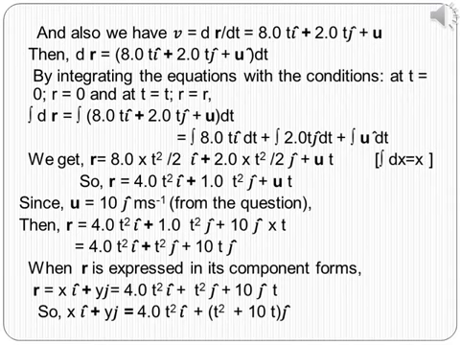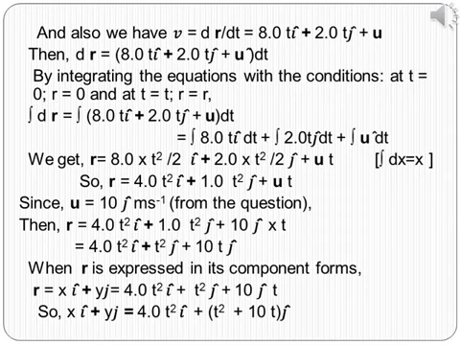Here we are going to integrate them separately. Then r is equal to 8 into t square by 2 i cap plus 2 into t square by 2 j cap plus u into t. So it will be equal to 4t square i cap plus 1 t square j cap plus ut.